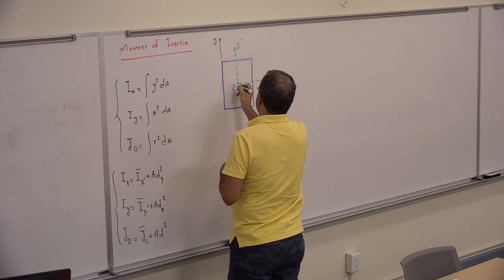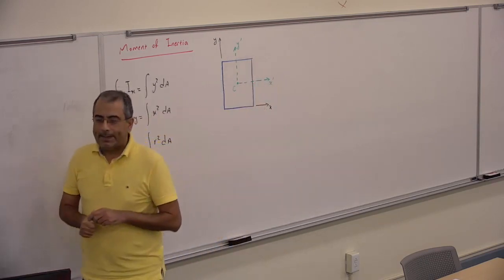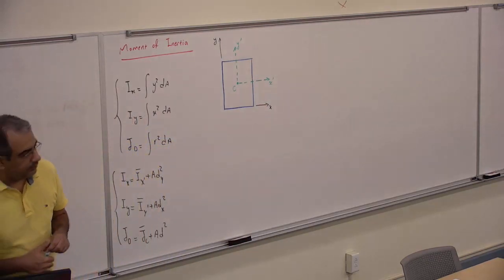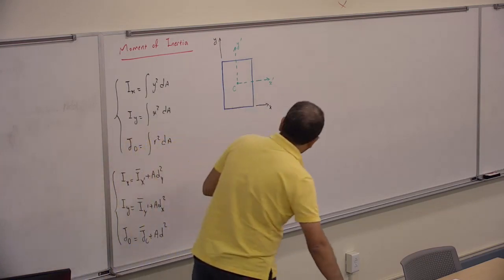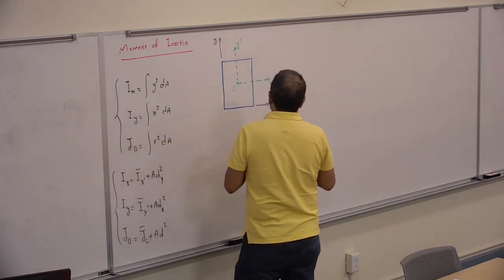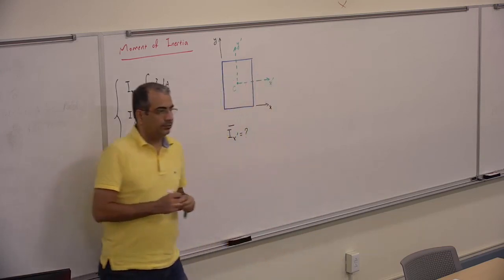So it's the axis that's passing through the center. So I want to know how much will be the I about the x prime. So basically, that's what we want to find.